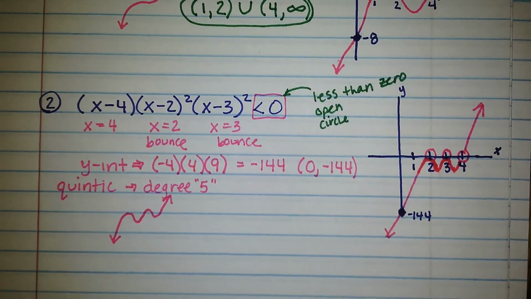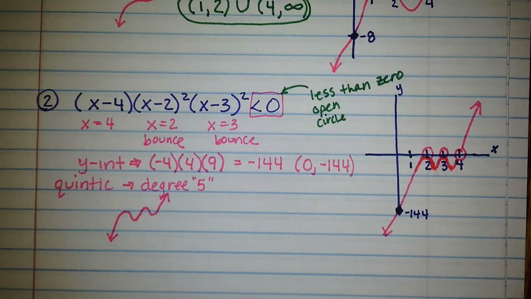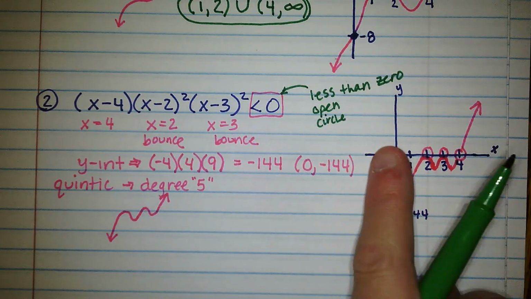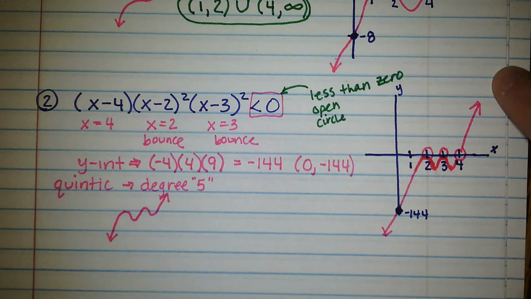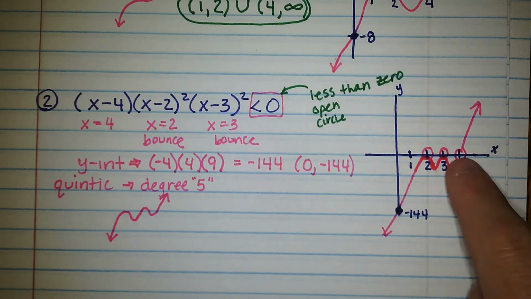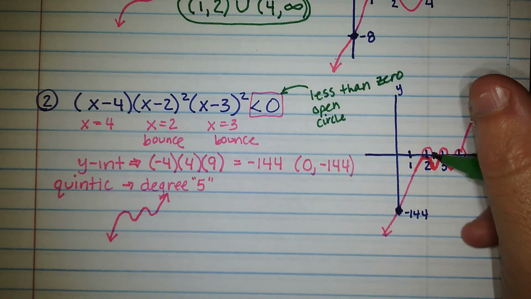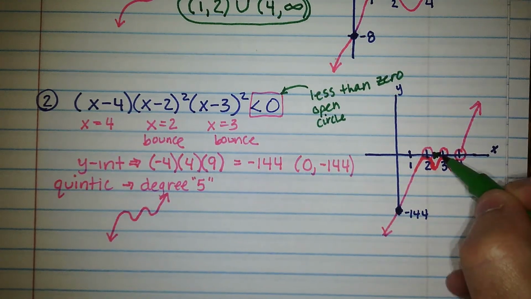Now what we have to do is figure out our shading. We need it to be less than 0, which means the y values have to be under the x-axis. So essentially, all the places where it's under the x-axis are most of it, except for here. And our open circles. Remember, open circles means that it's not included. So we have from 2 to 3 is underneath.